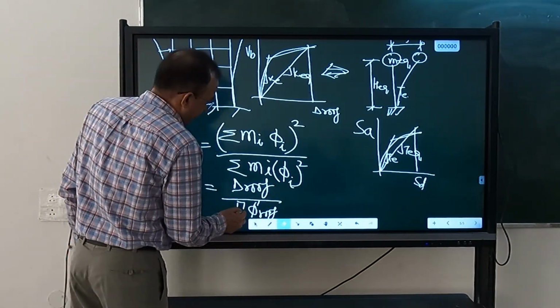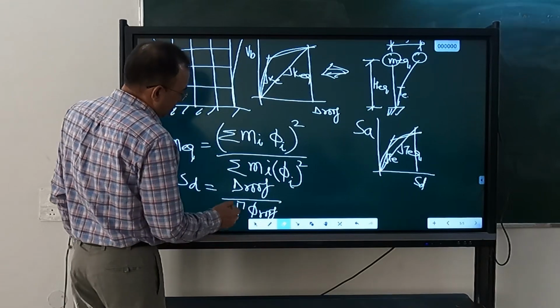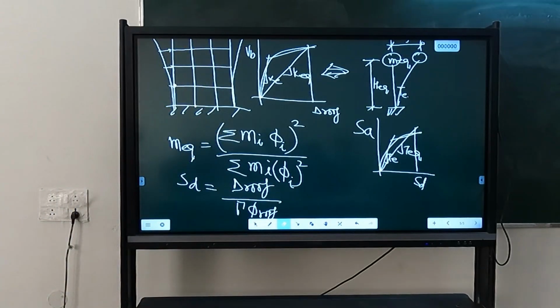or gamma, because here I am not saying that this is first mode or what mode, so just gamma into phi. While converting from multi-degree to single degree, for taking the time value TE you are considering initial stiffness KE, and now you are considering K equivalent.